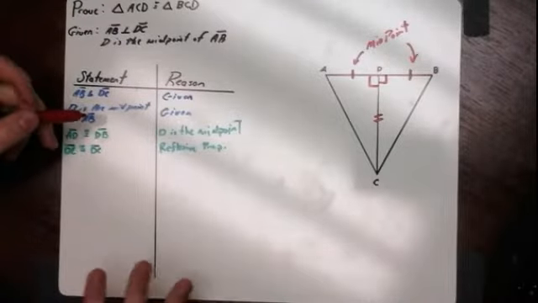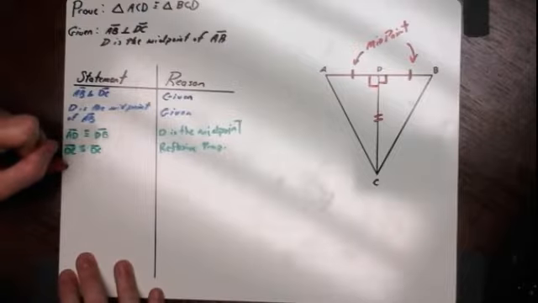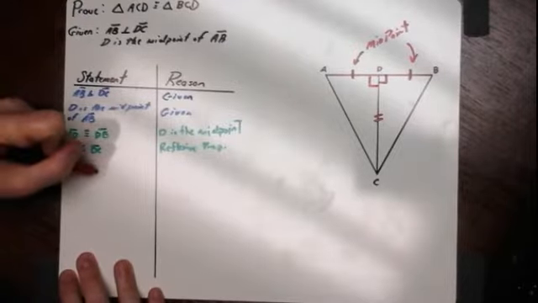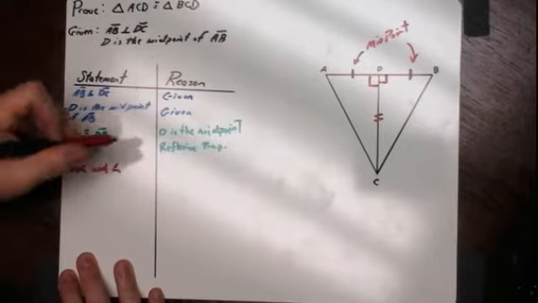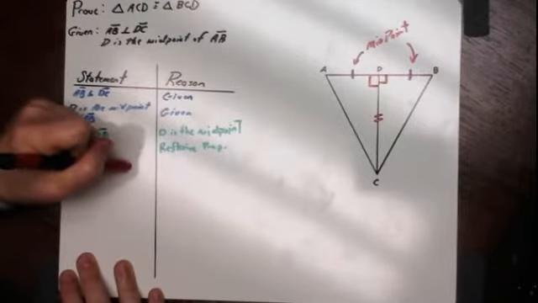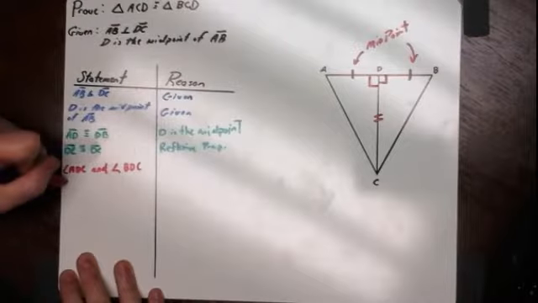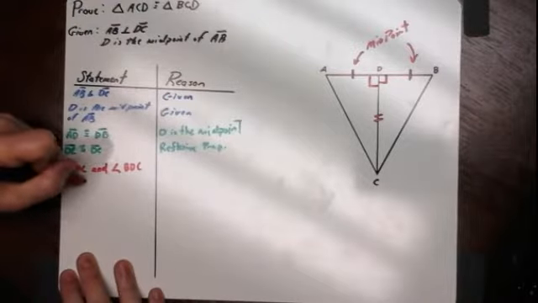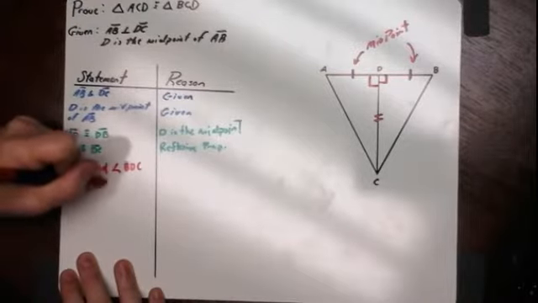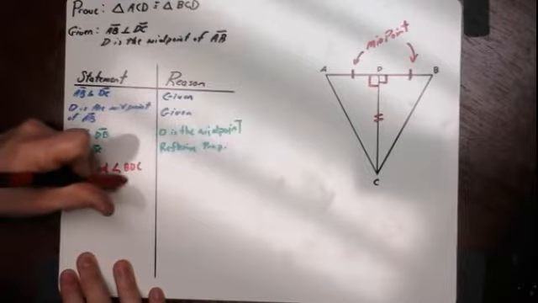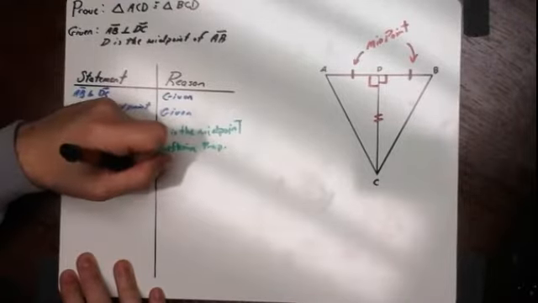And again, just like last time, I'm going to make the statement that angle ADC and angle BDC are right angles. And that's because of this.